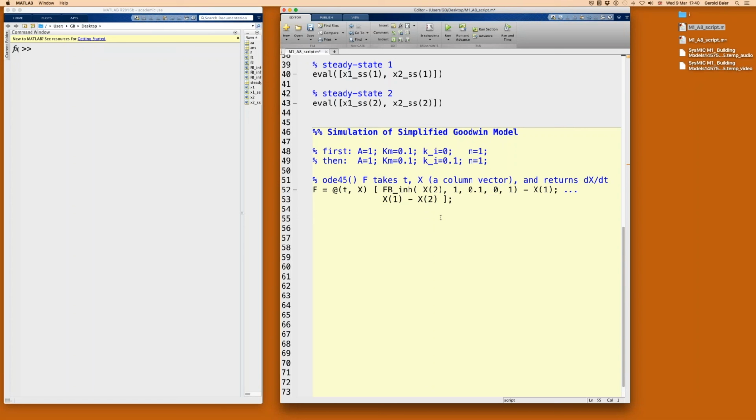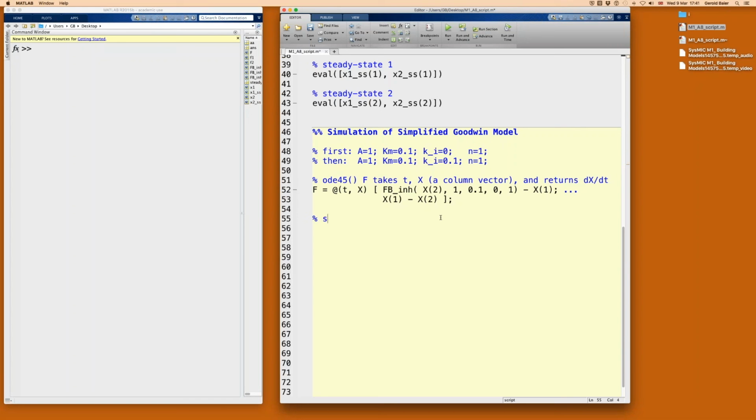So we'll need to have it defined before. And importantly, with the notation that uses t comma x, or using two variables, because that's the way that the simulation, the numerical integration, actually requires it.